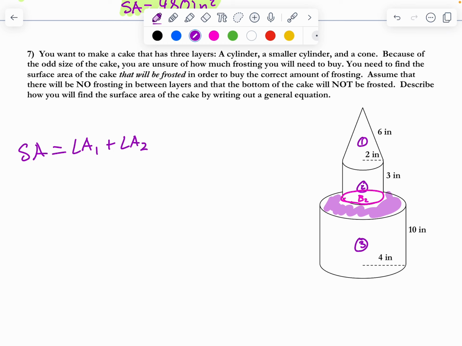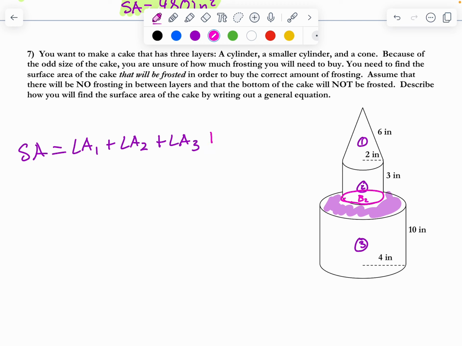So you can take it either way that you want. I kind of want to do it this way, but if you guys wanted to do it another way, you can talk amongst each other about how you would do it. But personally, what I would do is find the lateral area of the third shape.